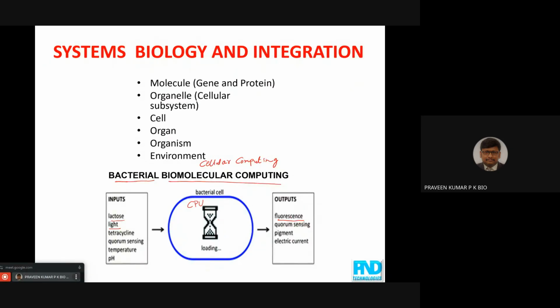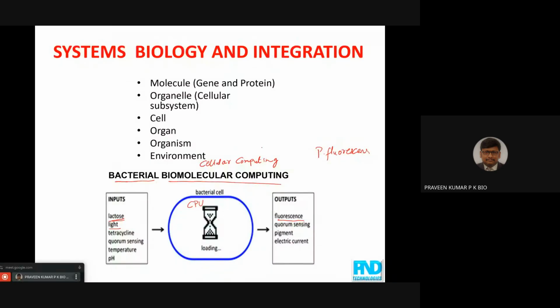Some bacteria exhibit fluorescence, especially Pseudomonas fluorescens, as the name itself suggests. It can exhibit fluorescence based on the light and on how much it has taken from the medium.